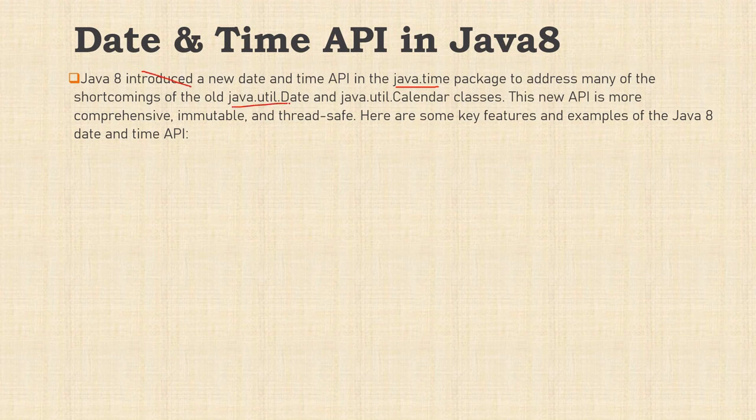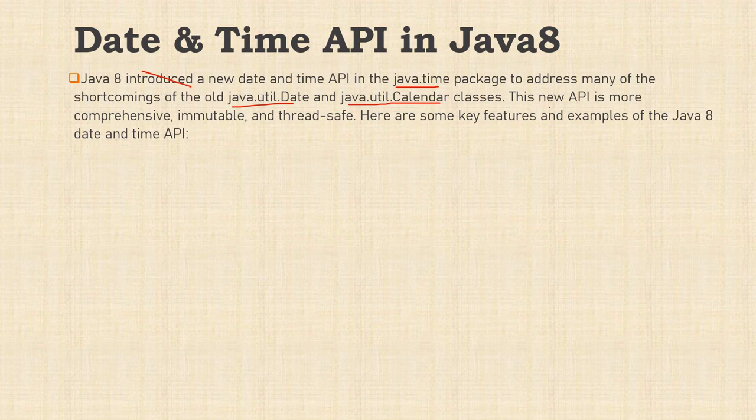Before Java 8, you could use Date and Calendar classes to perform date-related things. But in Java 8 we have the java.time package, where all the classes related to Java 8 date and time are available. This new API is more comprehensive, immutable and thread safe.